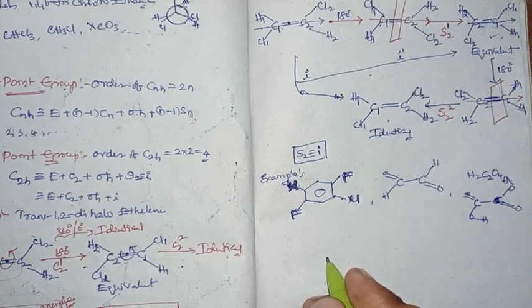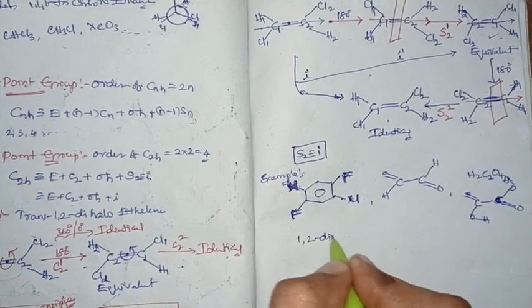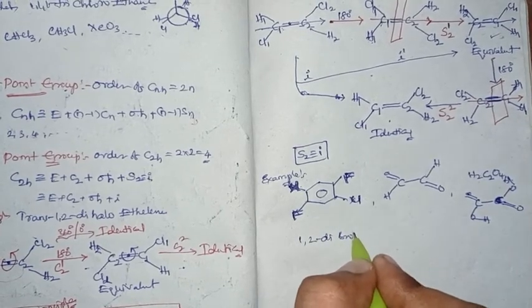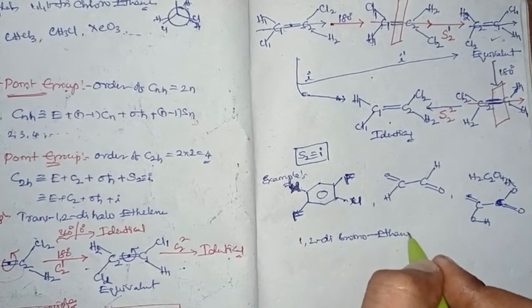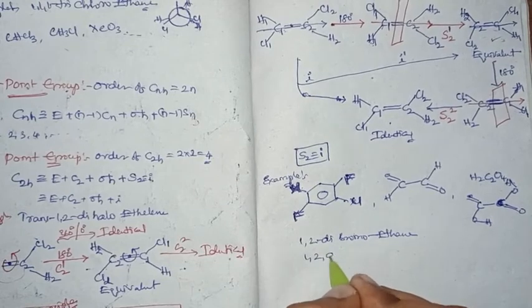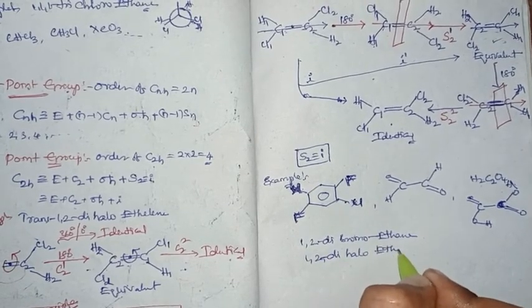And you may have 1,2 dibromoethane, 1,2 dibromo or dihaloethane, 1,2 dihaloethane.